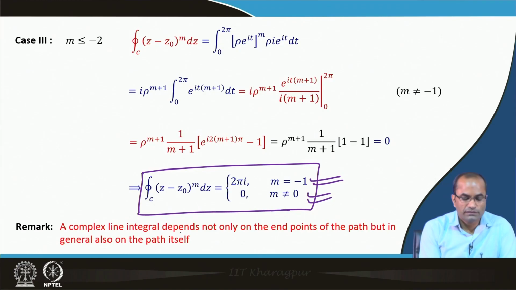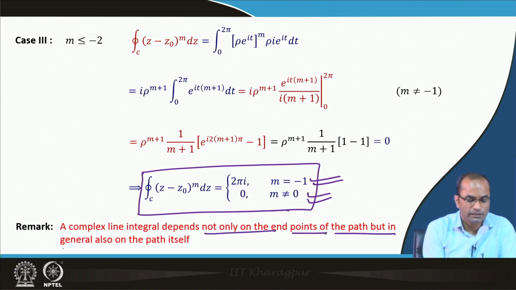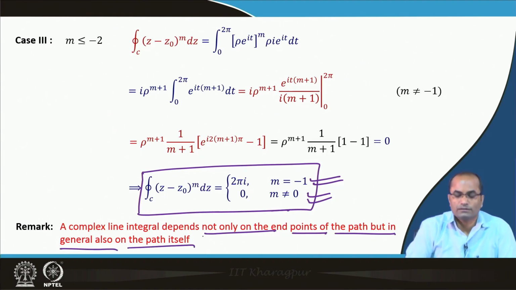So, a complex integral depends not only on the end points of the path, but in general also on the path itself. As we have seen here, it was a closed curve, but we still have a nonzero value there.